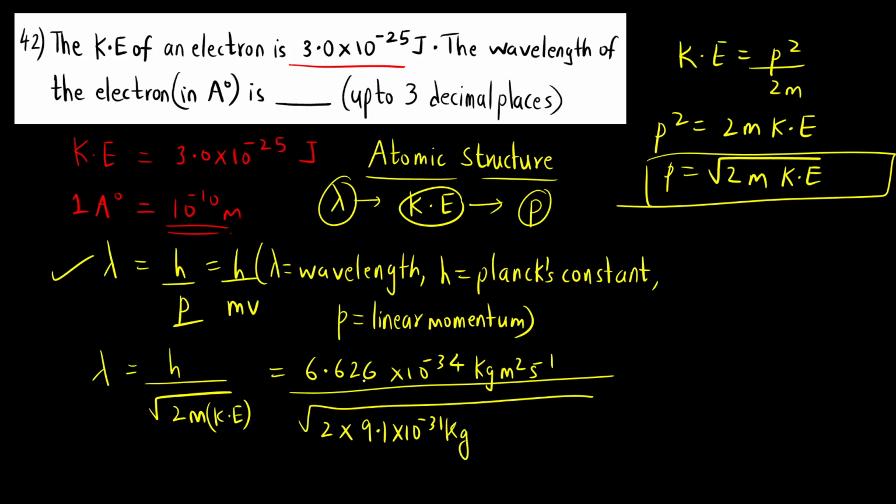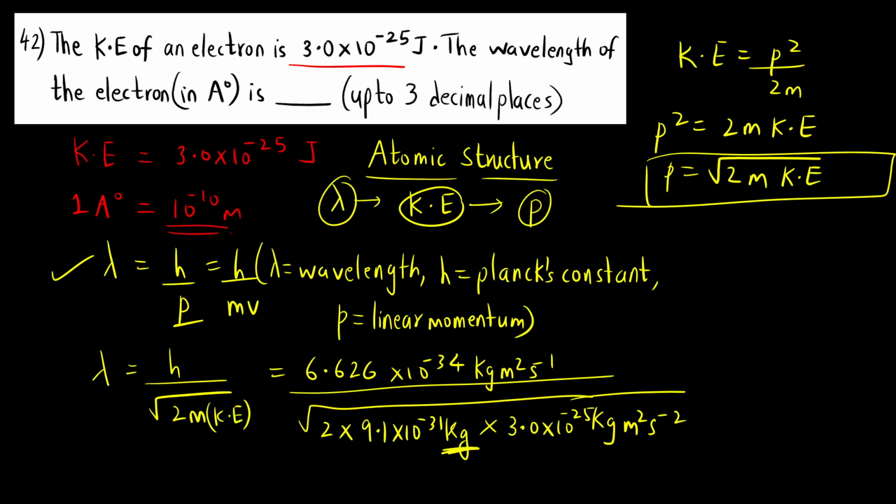I've purposely not given these values because you are supposed to know the value of Planck's constant and the mass of an electron. Into kinetic energy, which is 3.0 into 10 raised to minus 25 joule. Again, here I can write it as kg meter square second raised to minus 2.